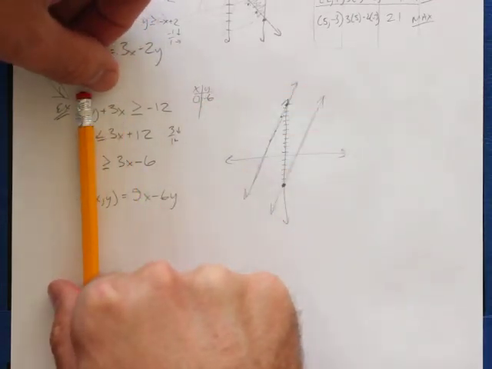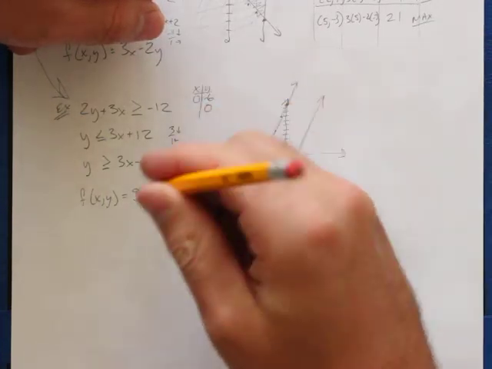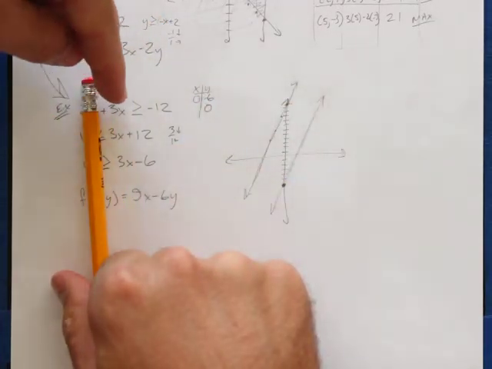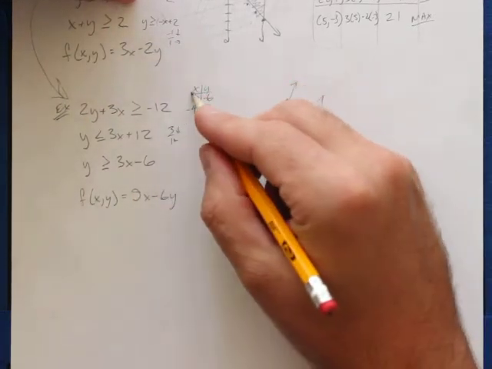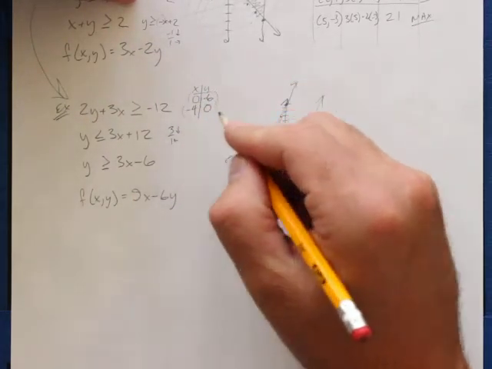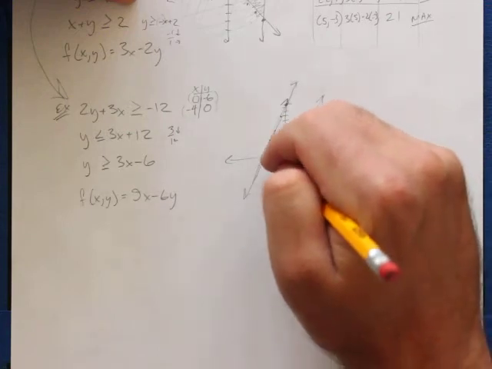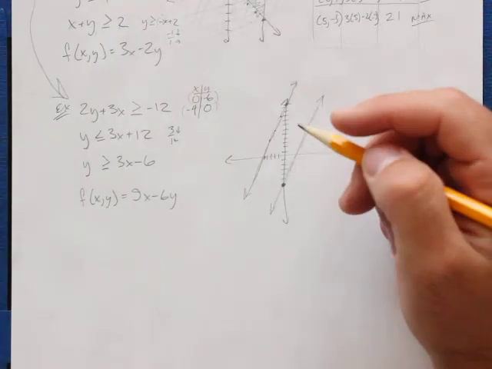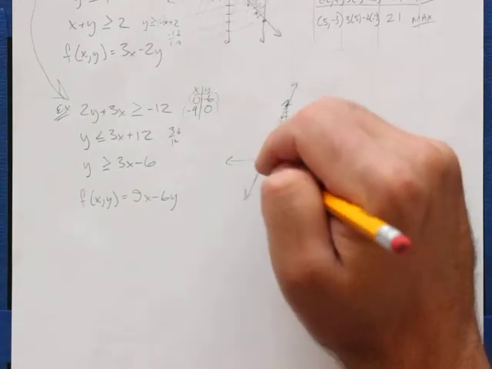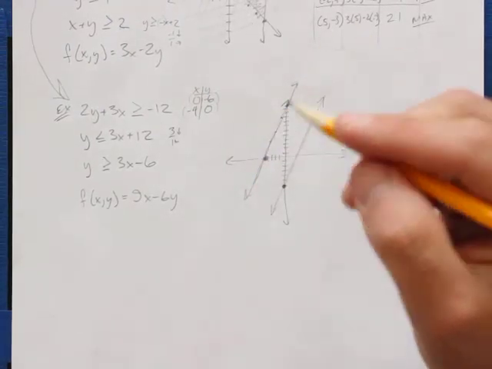When y is 0, I divide both sides by 3, I get x equals -4. So there's a point, 0, -6, and -4, 0. 1, 2, 3, 4. Now that might intersect there, I'm not sure. Oh, yes it does. Okay, so they intersect there at 4.